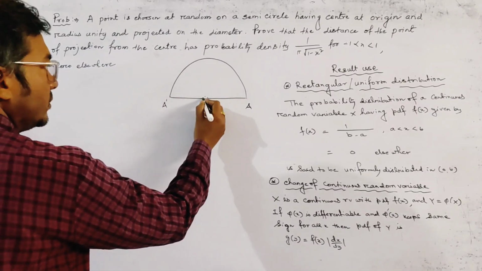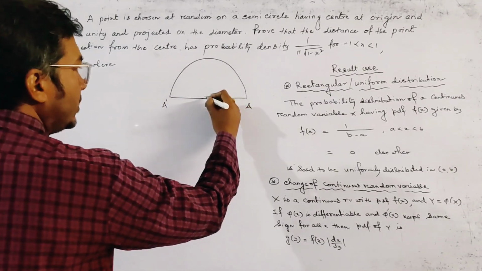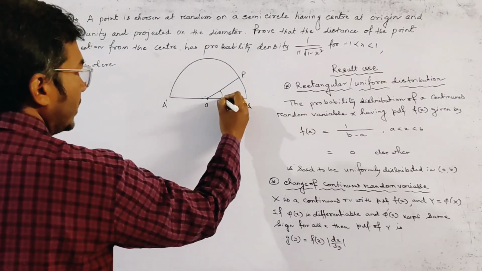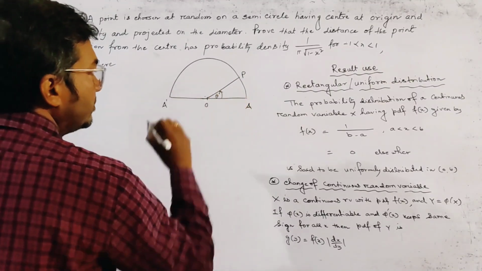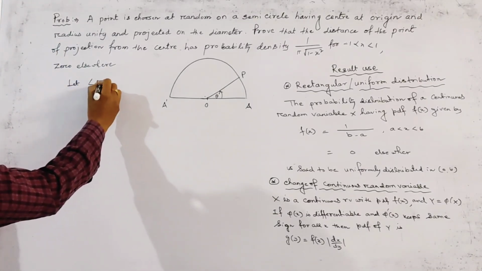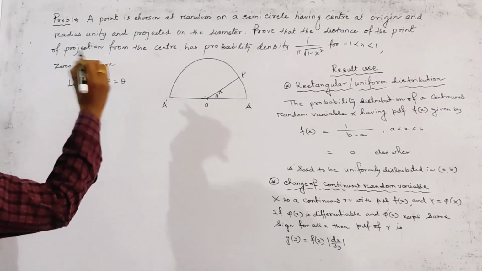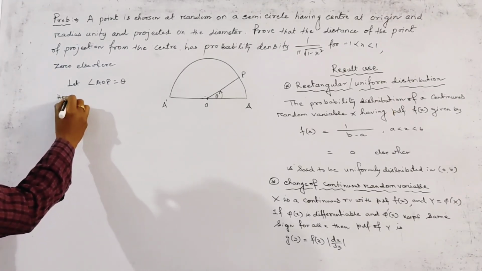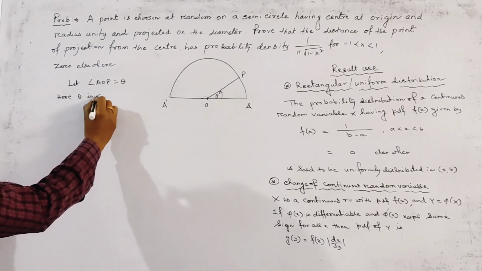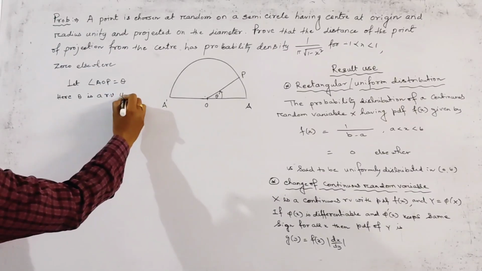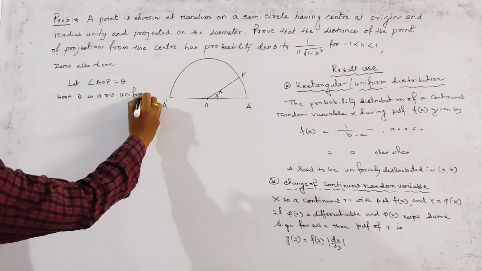We first let angle AOP equal theta, and here theta is a random variable which is uniformly distributed.